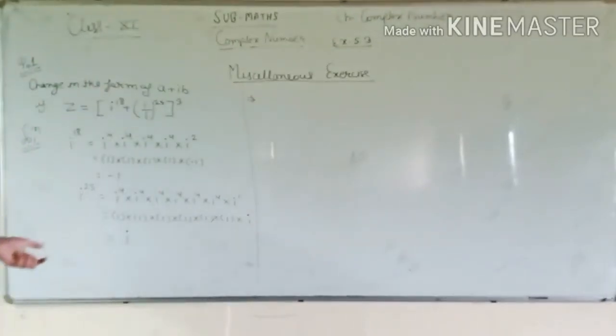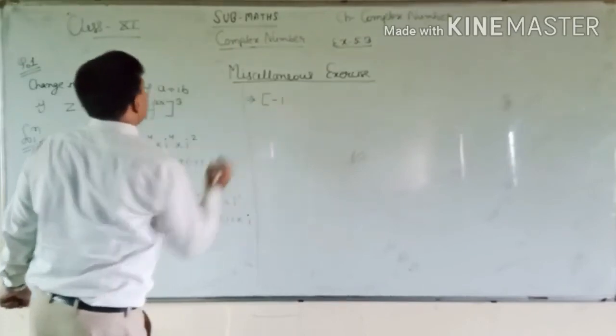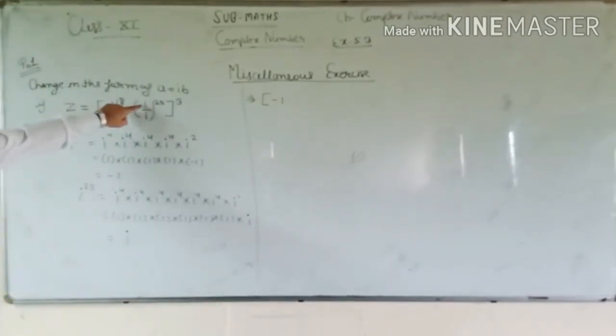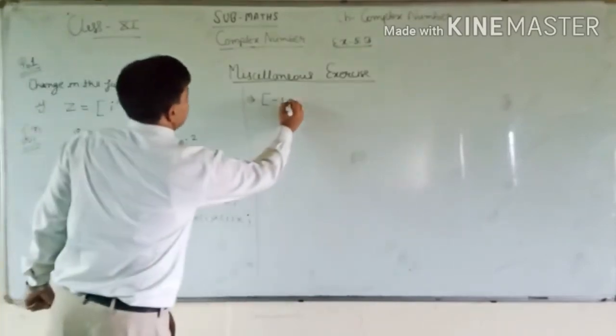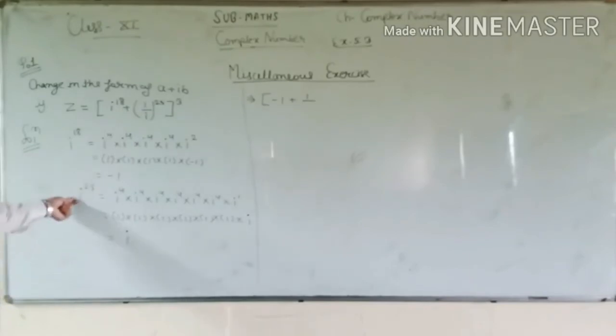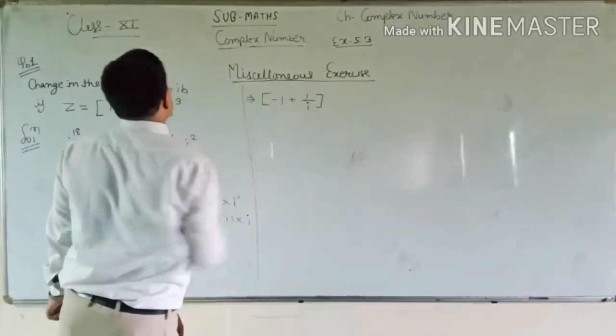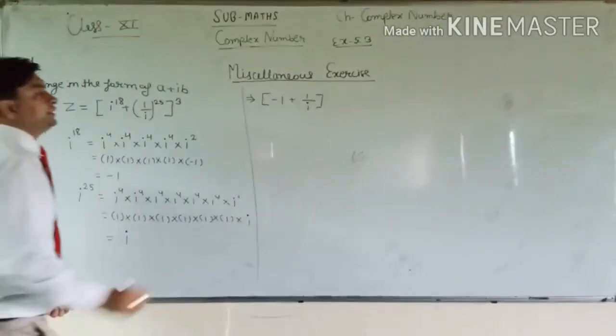Now put the values in this equation. Iota power 18 is equal to minus 1, and now plus, 1 power of 25 is equal to 1, and iota raised to 25 is equal to iota. The power is 3.